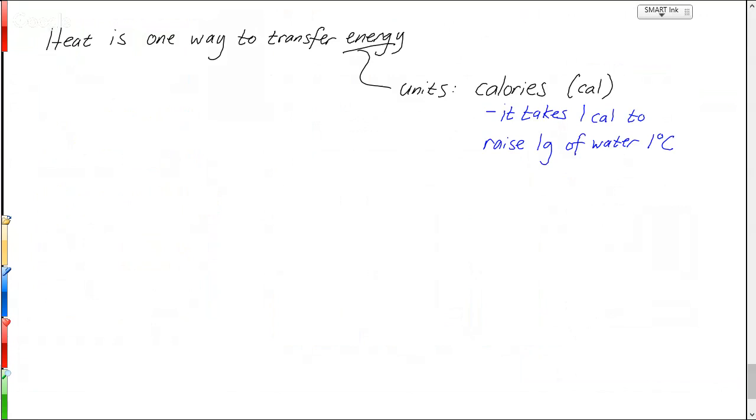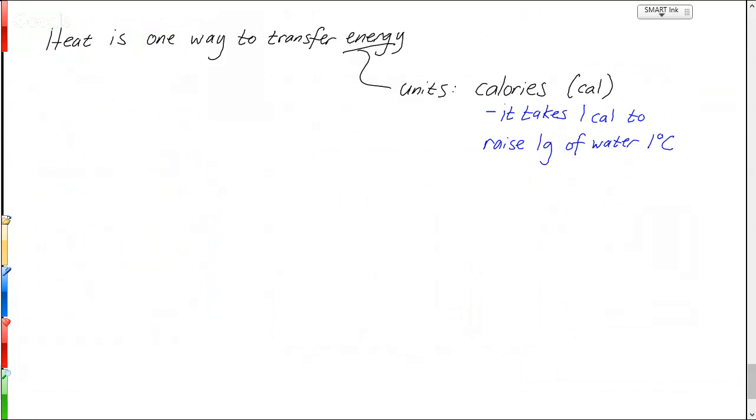So that's this much water. If you raise its temperature from, let's say, 23 degrees to 24 degrees, you put in 1 calorie of energy. So that's how a calorie is defined. We'll come back to that later with this idea of specific heat.